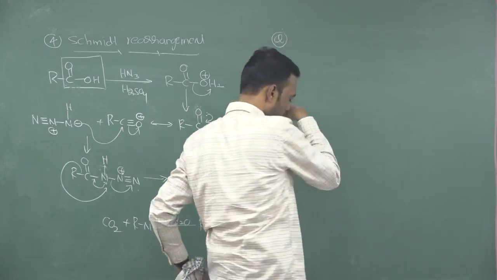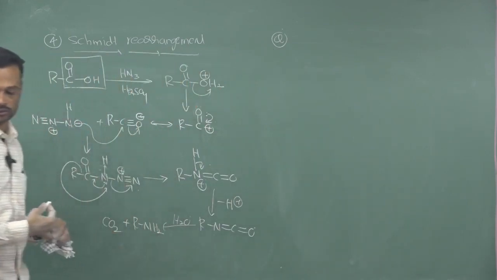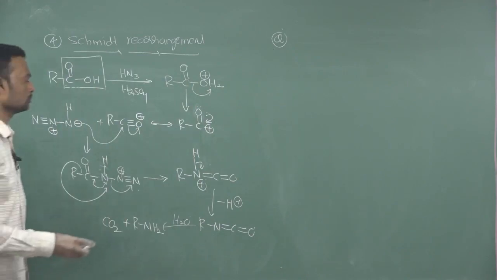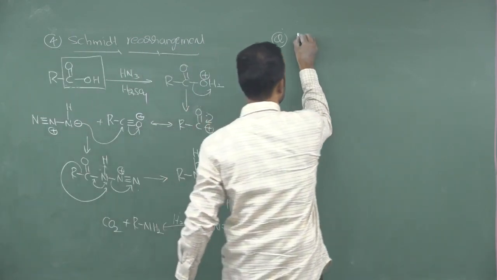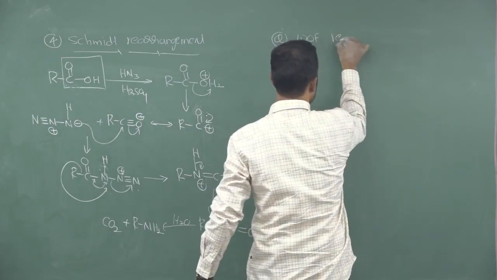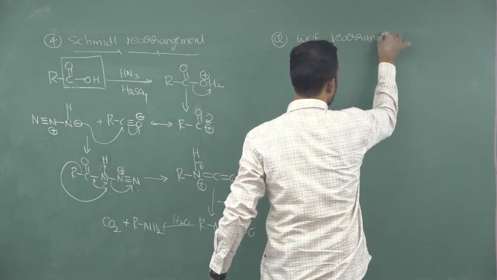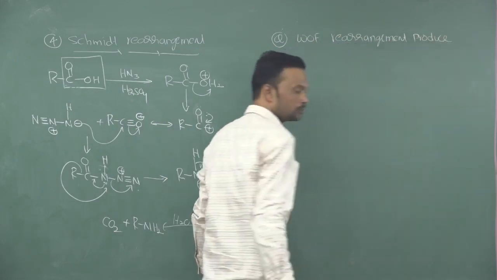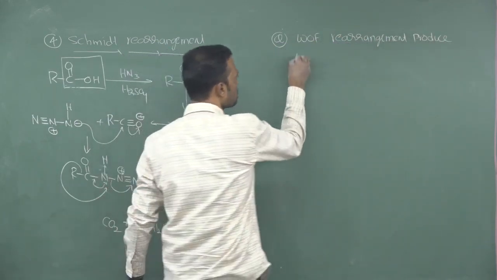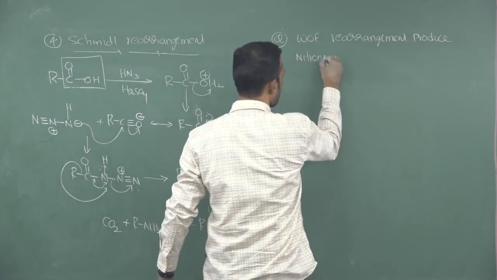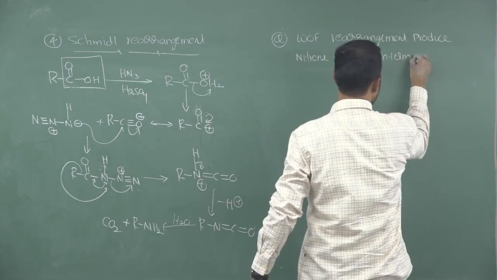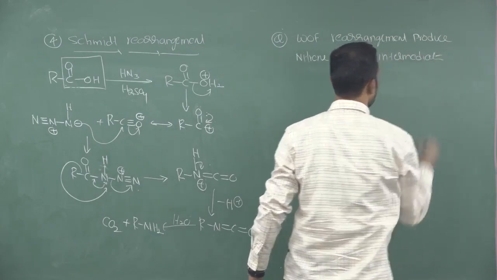So take one question. Now, which of the following rearrangements produce nitrene as an intermediate?